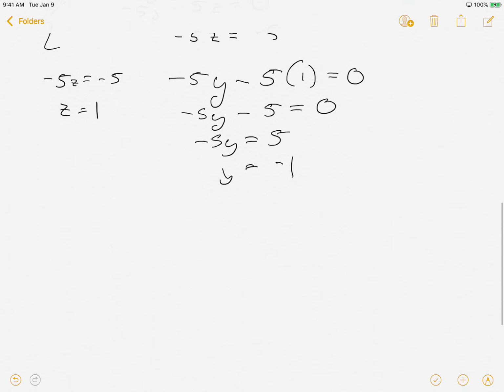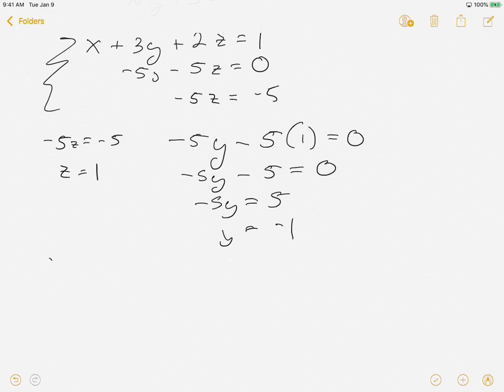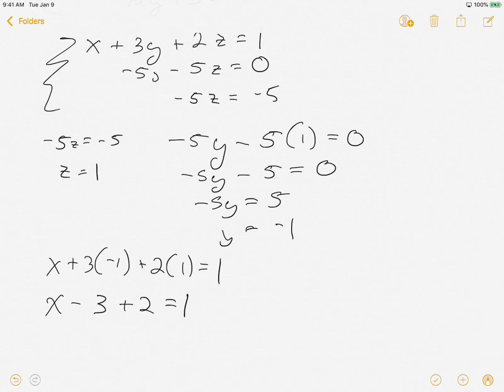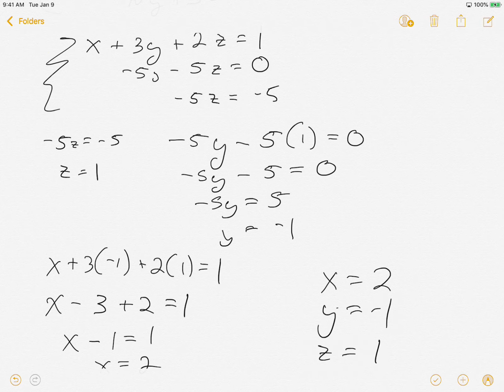And I'll take both of those and plug it into the top equation. X plus 3 times negative 1 plus 2 times 1, equals 1. So we have x minus 3 plus 2 equals 1. So we get x minus 1 equals 1, or x equals 2. So the solution is x equal to 2, y equal to negative 1, and z equal to 1.